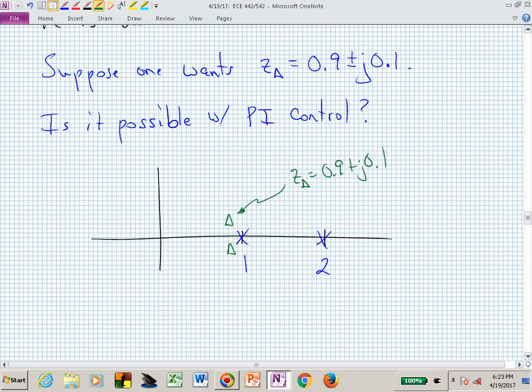We want to now see, is it possible to put a 0 in here at beta? This is now located at beta in order to have our root locus go through those triangles.